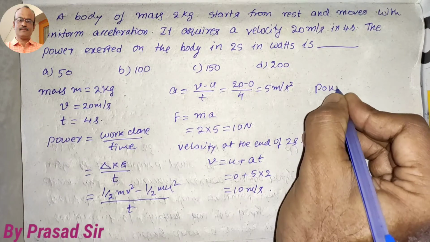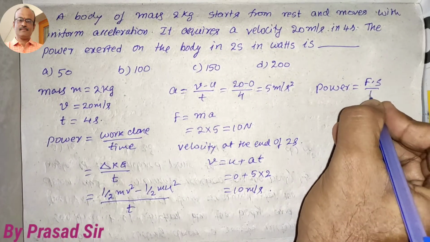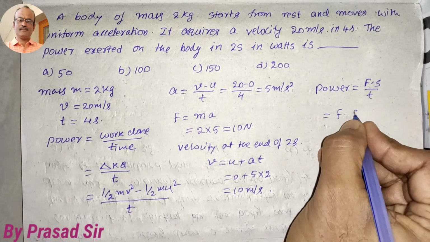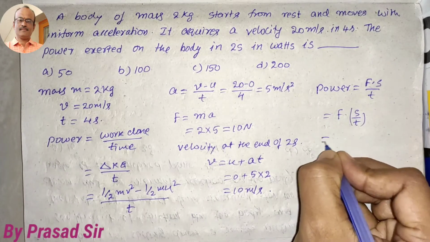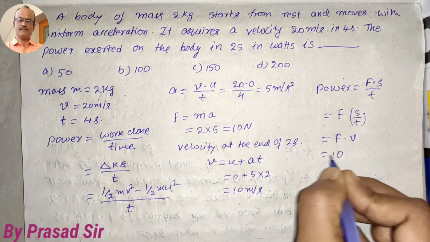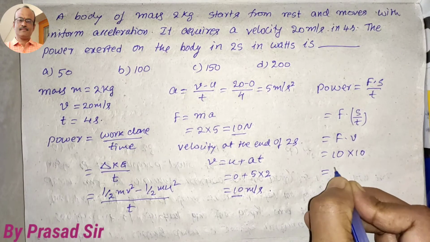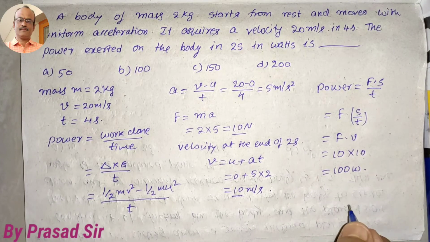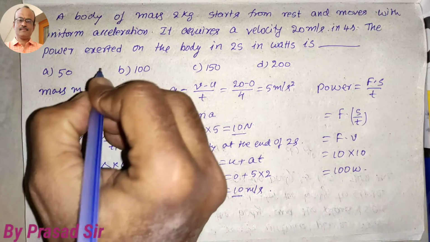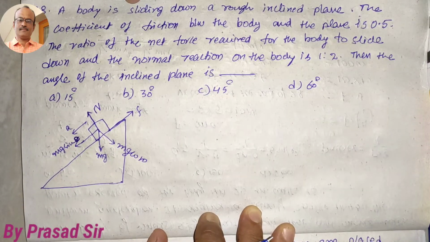Power equals force into displacement by time, which is nothing but force into velocity. Force is 10, velocity is 10. So 10 into 10 is equal to 100 watts. So which option is correct here? Option B is correct.